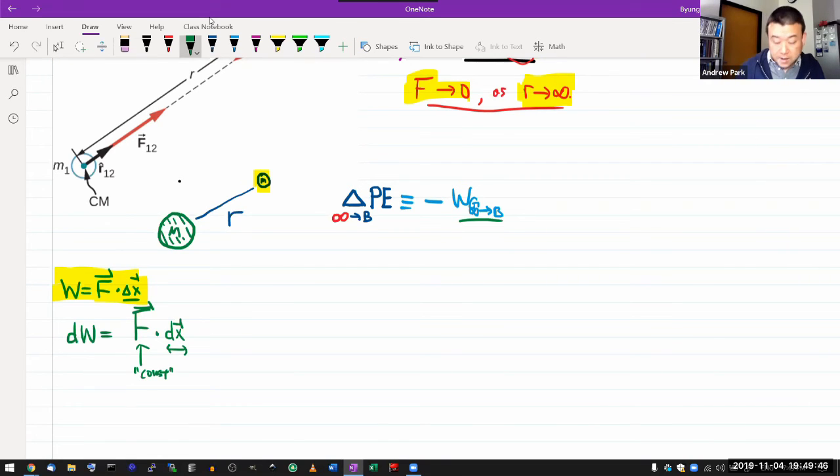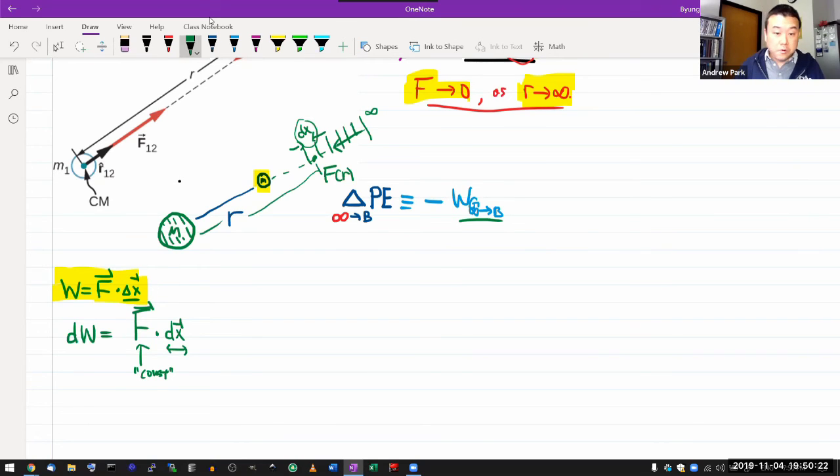Imagining this interval, taking it in from infinity, you imagine breaking this up into small enough intervals that for each of these small intervals dx, you can say that this distance r is more or less the same. So you can say that the force over this interval dx is the force at point r.